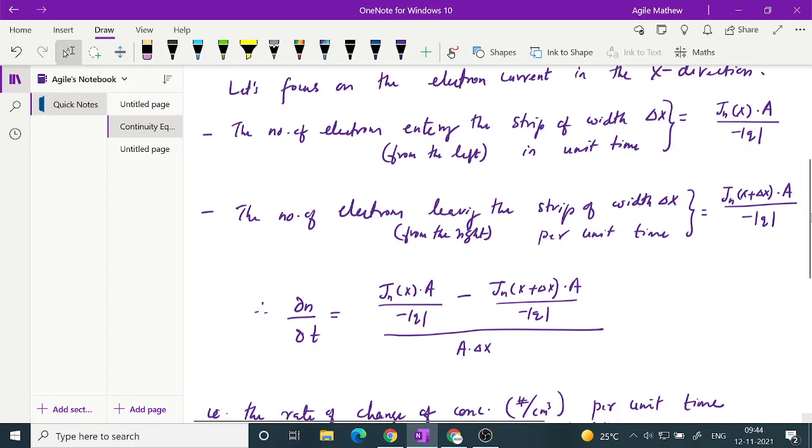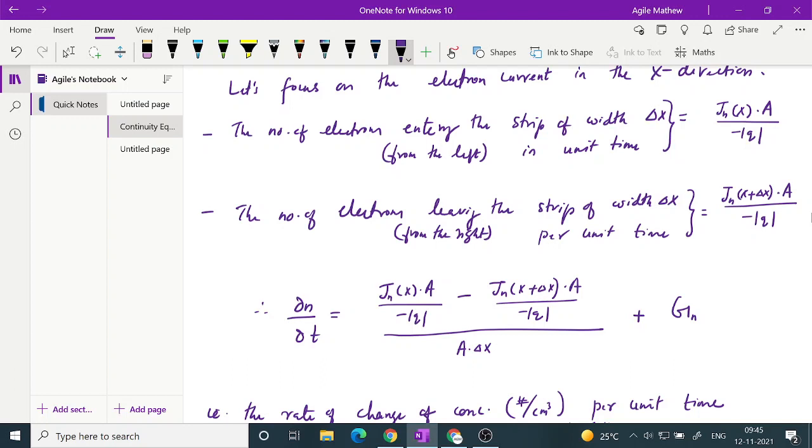Suppose due to some reason electron hole pairs are generated, then electron concentration would increase. And so this is G, and because we are looking at electrons, let's say Gn. So Gn has a unit number per unit volume per unit second.